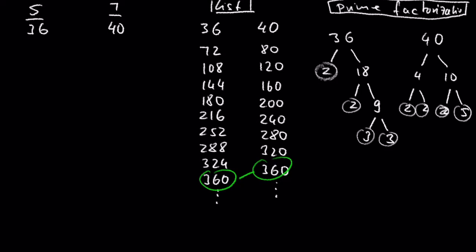So the prime factorization of 36 is 2 times 2 times 3 times 3. And the prime factorization of 40 is 2 times 2 times 2 times 5.